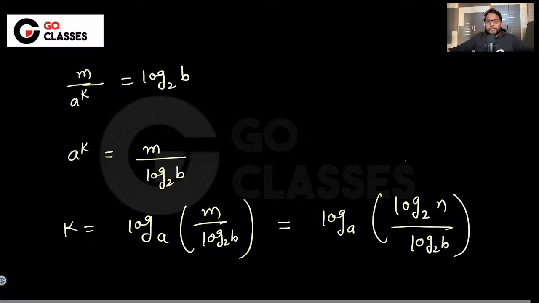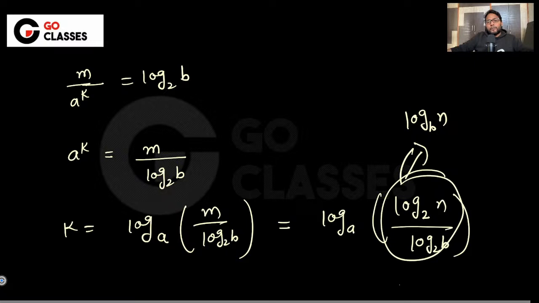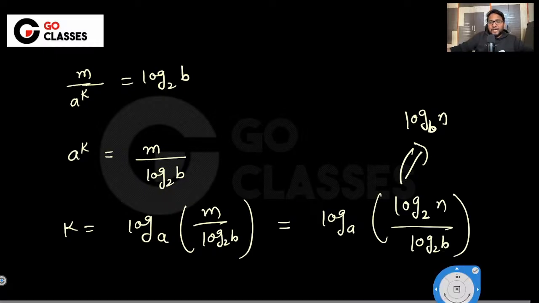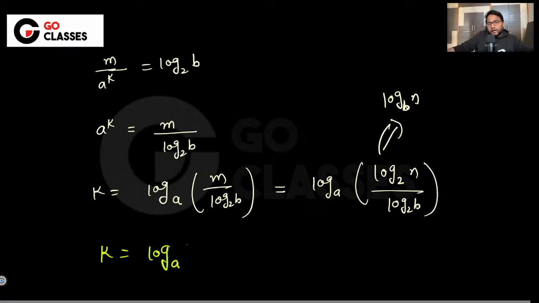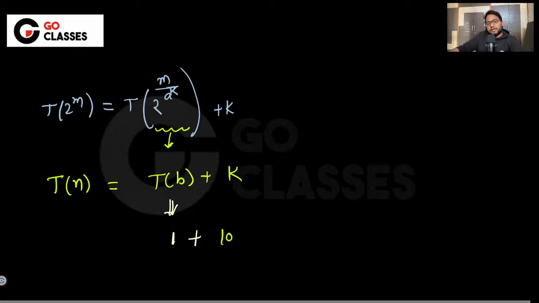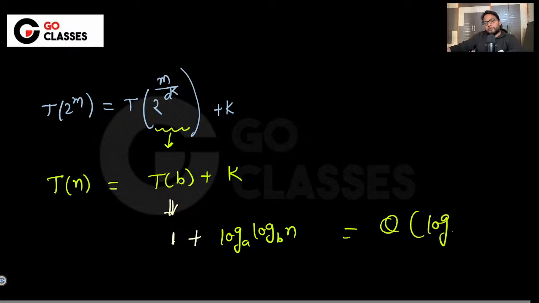Do you remember the property by which, if these two logs have the same base, you can write it as log base b of n? So k is log base a of log base b n, which is theta of log base a log base b n.